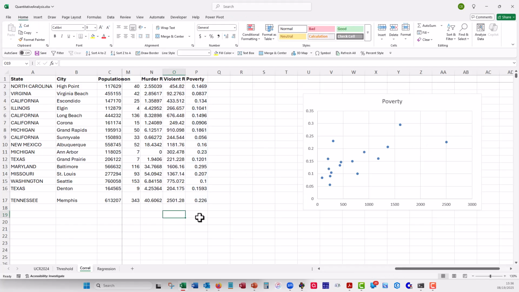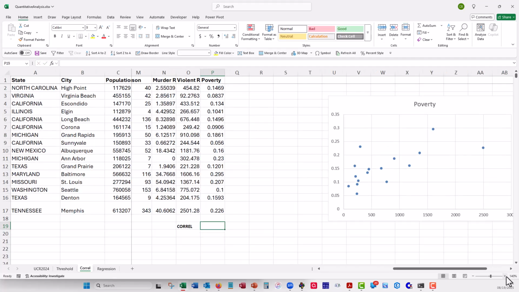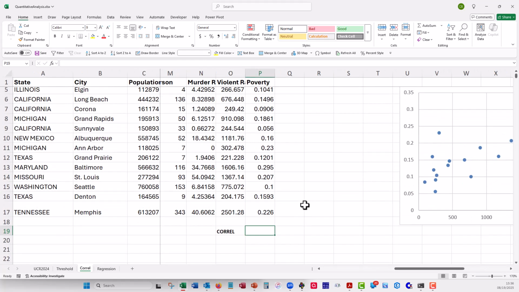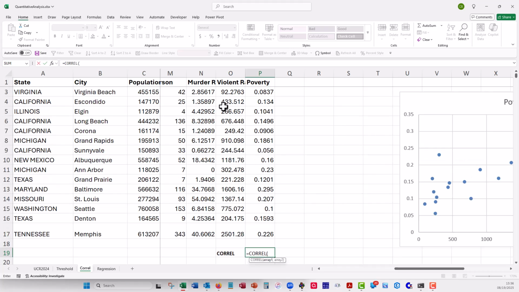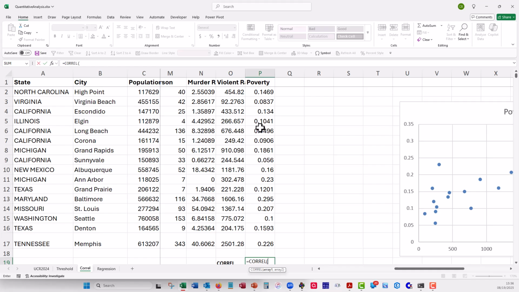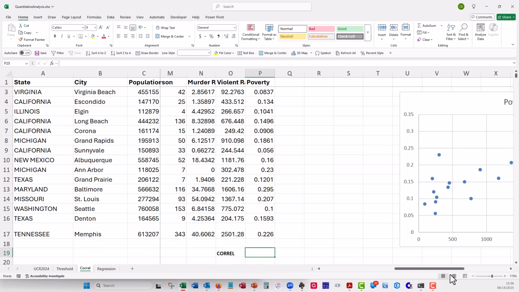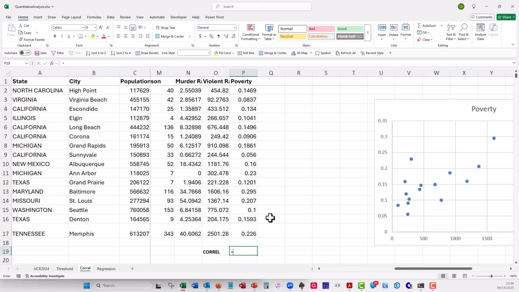So let's calculate the actual specific correlation down here. That's done with a function called CORREL, C-O-R-R-E-L. You open the parentheses and you choose the first range of statistics that you have.